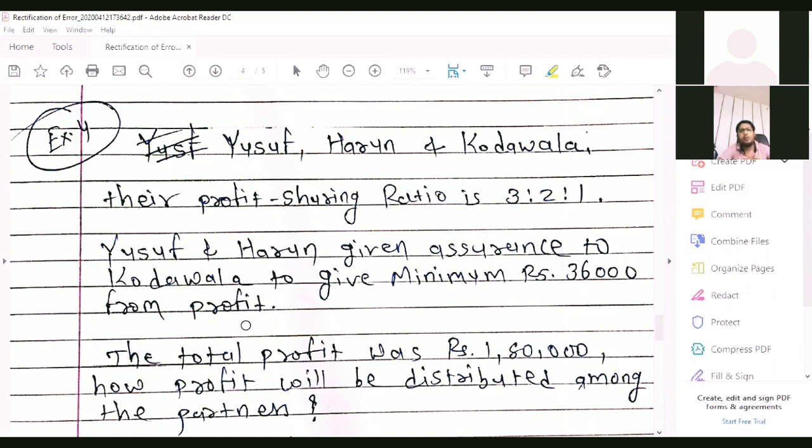So we have three partners: Yusuf, Harun, and Kodawala. The profit sharing ratio is given. It is 3:2:1. Yusuf and Harun give assurance to Kodawala to give minimum rupees 36,000 from the profit.